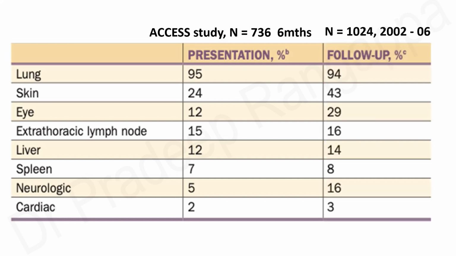So there was another study which came from Cincinnati, where they followed up 1,024 patients between 2002 and 2006. And this was the involvement, which is very similar. Lung is predominantly involved, followed by the skin and eye and other organs, and so on and so forth. Here, if you see, the neurological involvement was much higher.